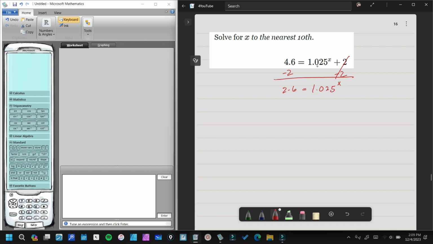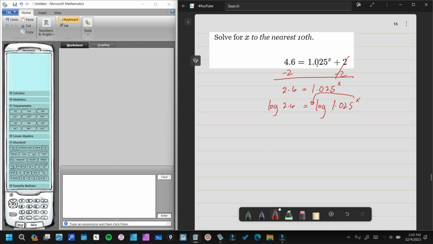And the next thing that we will do is to use logarithm now. So logarithm 2.6 is equal to logarithm 1.025 raised to x. Now, using the properties of logarithm, we will move this x beside the logarithm 1.025 on the left side.